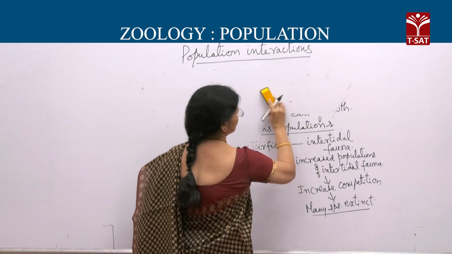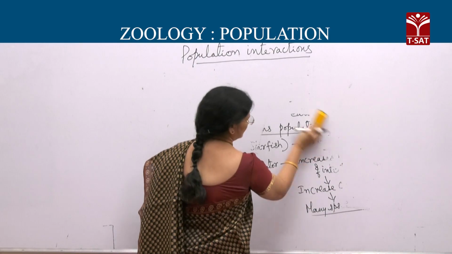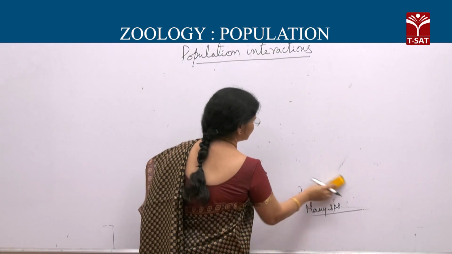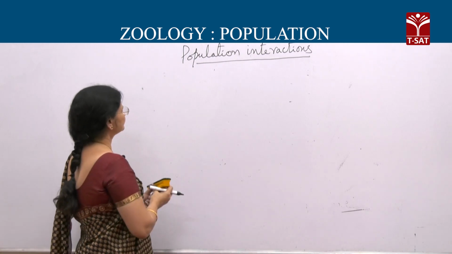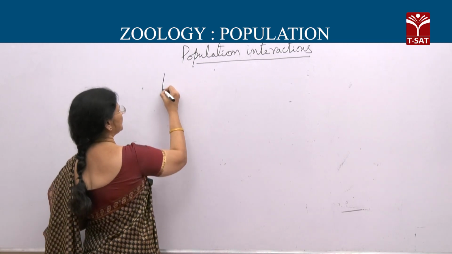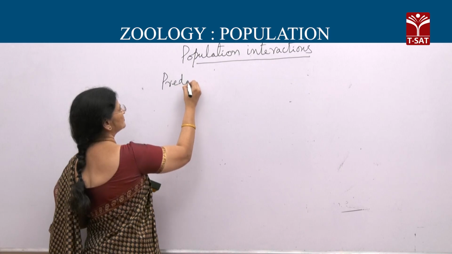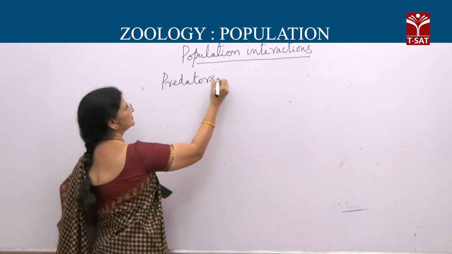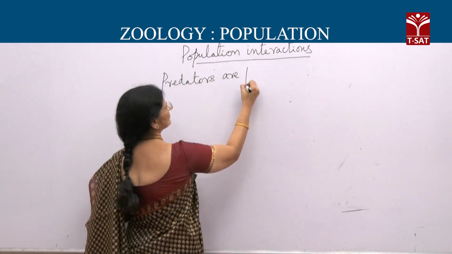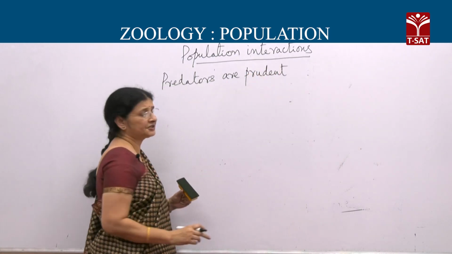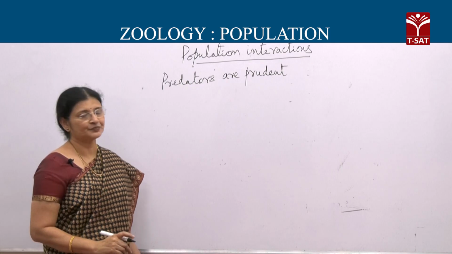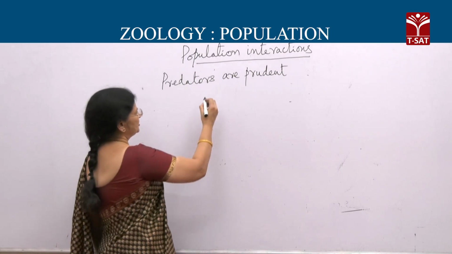Predators, mostly, are prudent. Prudent means practical, pragmatic. They are prudent in their nature.